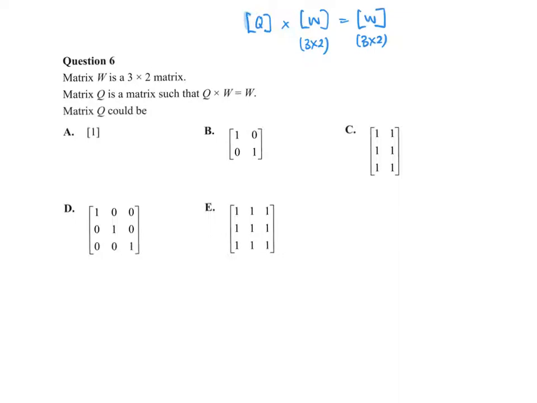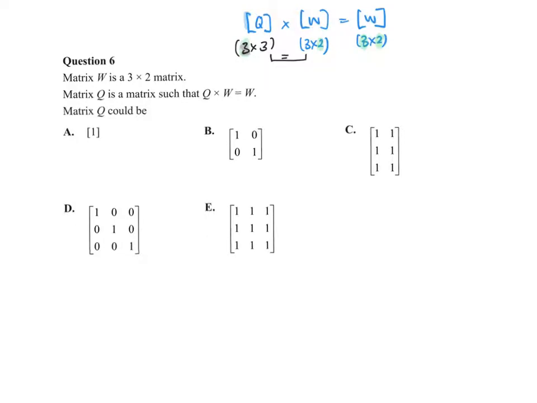Now, once I do that, I know for these to be able to multiply, these numbers have to be equal. So I know this is a 3. Now I also know that these numbers come from here and here. So I also know, therefore, this is a 3 as well. So I'm looking for a 3x3.